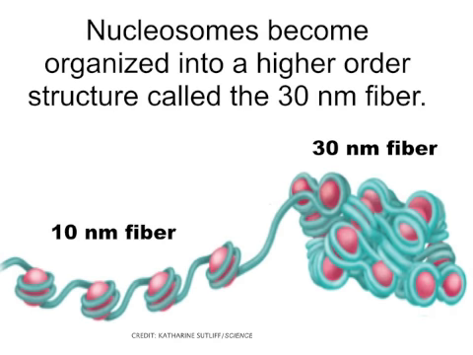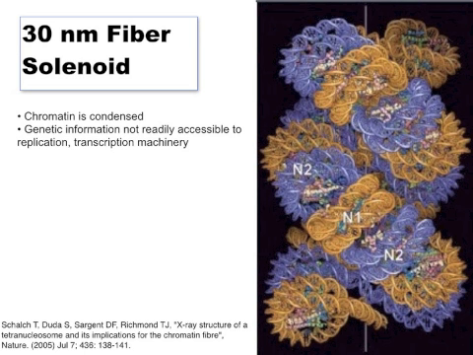Now the nucleosomes themselves become organized into a higher order structure called the 30 nanometer fiber. We see the 10 nanometer fiber on the left and the 30 nanometer fiber on the right. This 30 nanometer fiber is also called the solenoid. In the solenoid, the chromatin is highly condensed, but this means that genetic information is not readily accessible, not to replicational or transcriptional machinery.